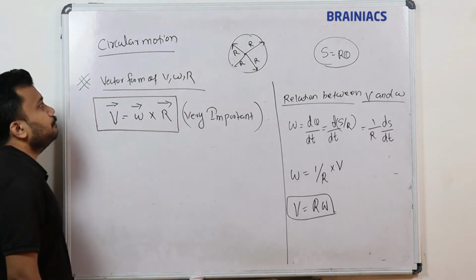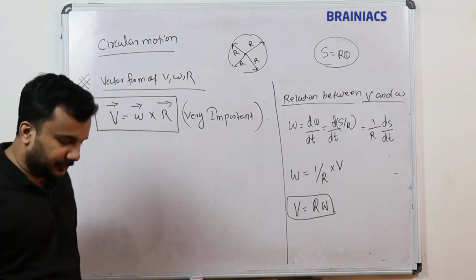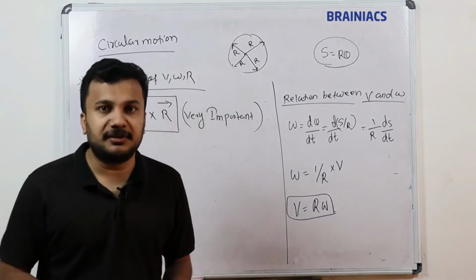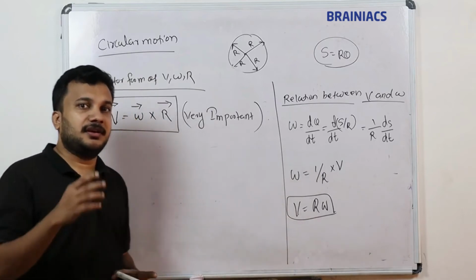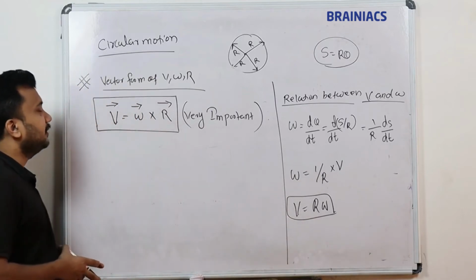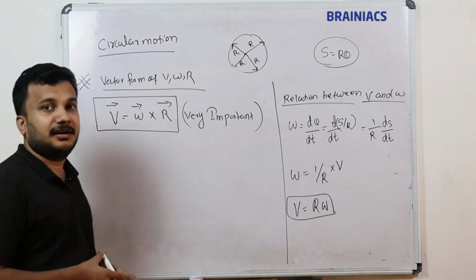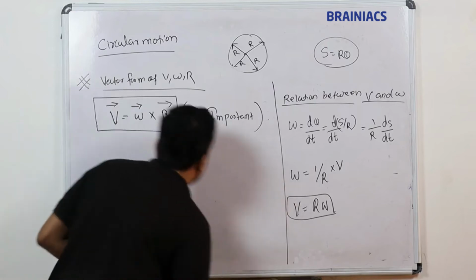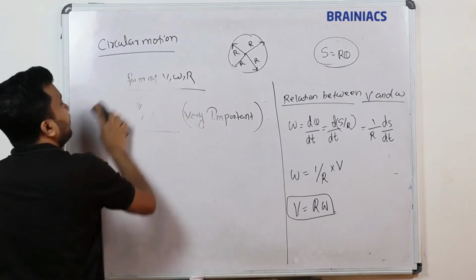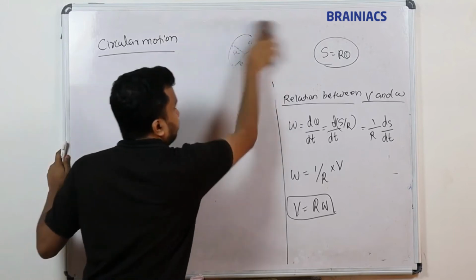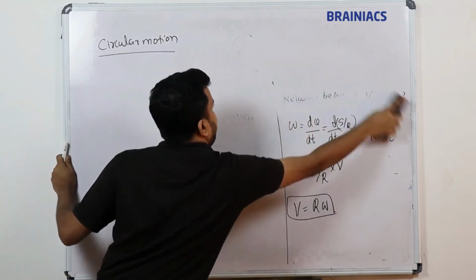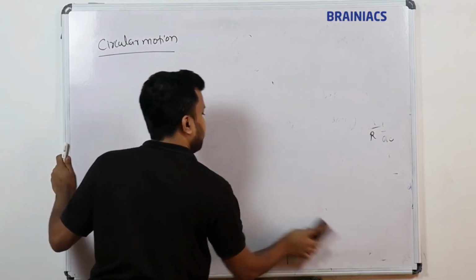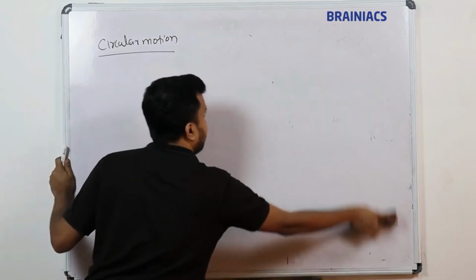So now we have learned about omega and about theta. Two parameters we have learned, and we are going to learn the next, third parameter, which is called acceleration. Write down the next term, after angular displacement and angular velocity.